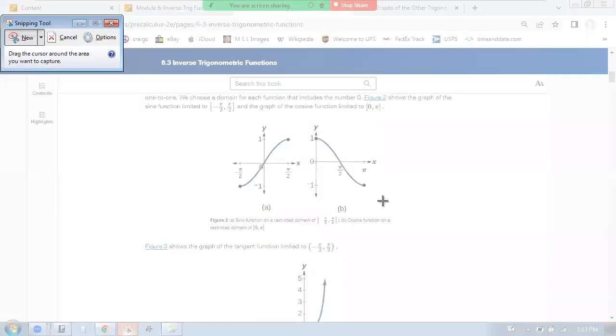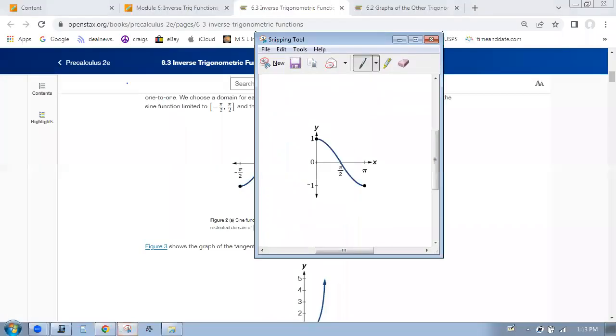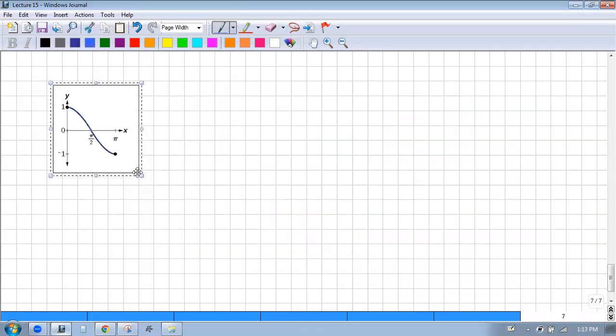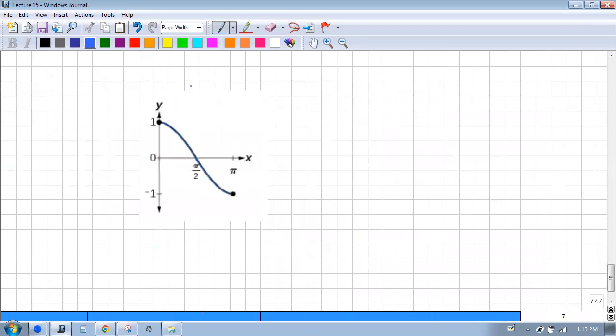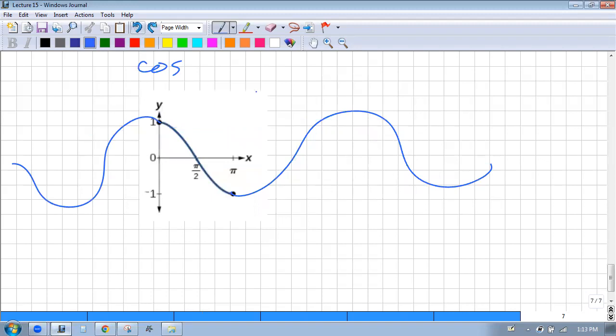Cosine is an even function instead of an odd function. All right, so here's cosine. Cosine looks like this. Right, it does not pass the horizontal line test. So what we do is we throw away everything but this part from 0 to pi, right? 0 to pi, it covers the whole range, the -1 to 1.